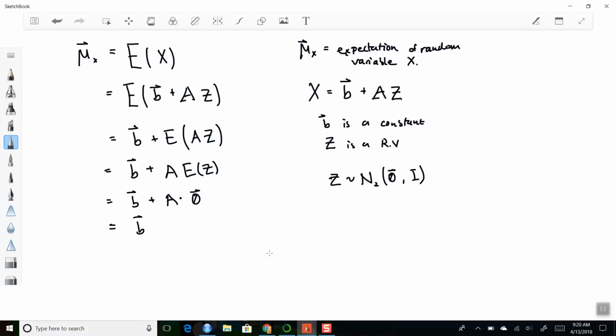Okay, and so we can set b equal to mu, mu being the desired mean.